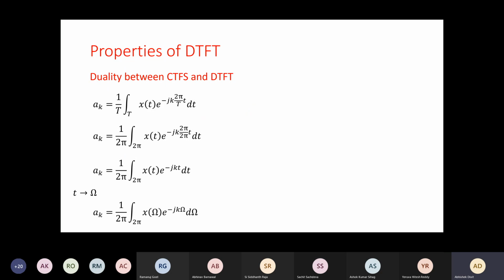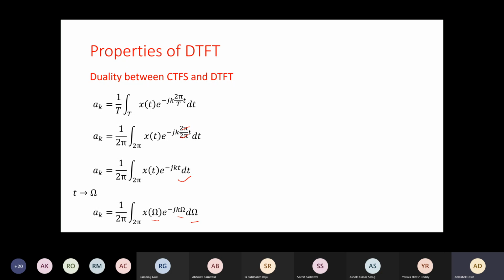Now you know that I could have written this like this, because this 2 pi cancels with this 2 pi, right? Now because I know this expression and I can change this T to omega, it's just a change in variable, nothing will happen. So this becomes x omega, this becomes this, and this becomes d omega.